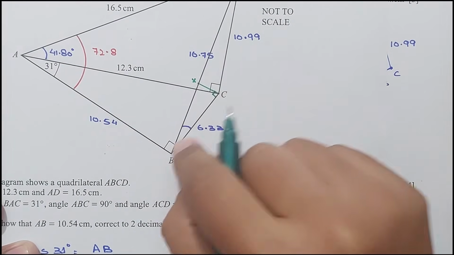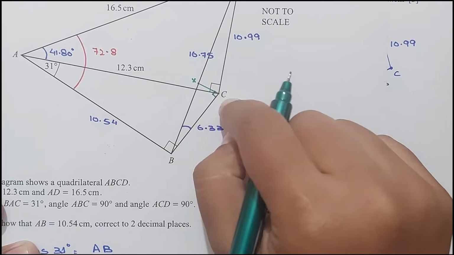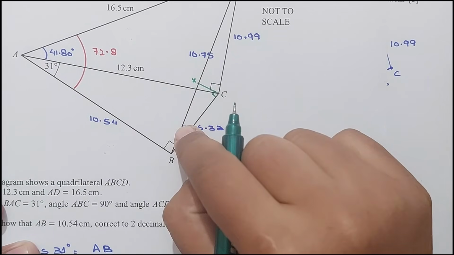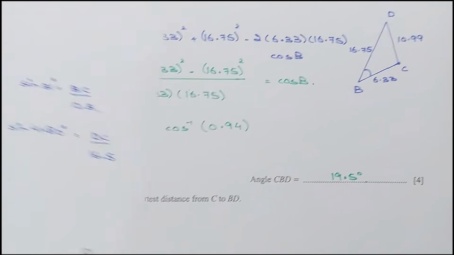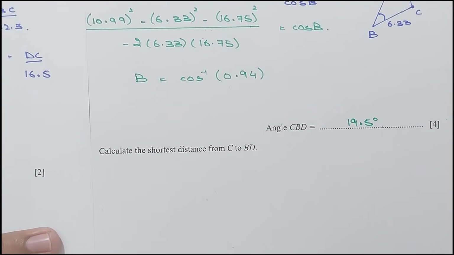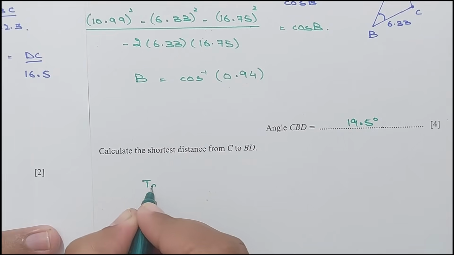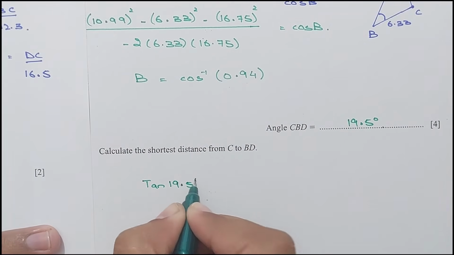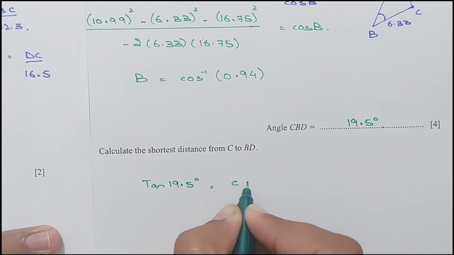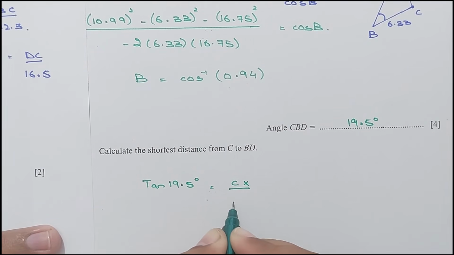We have BC, we have the angle B, we have to find CX. So we have to find the opposite and we have the adjacent, using the ratio of tangent. So we can say that tan of that angle, which is 19.5 degrees, is the opposite, the shortest distance, which is CX, over the adjacent, 6.33.